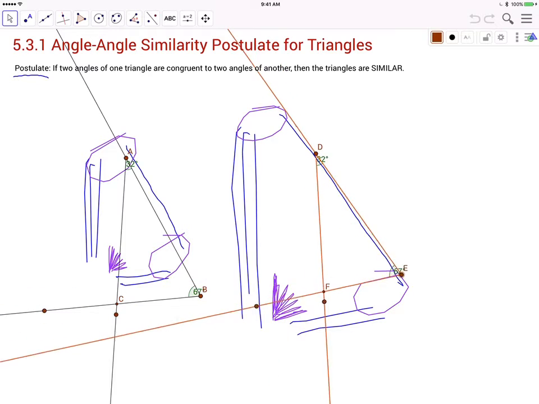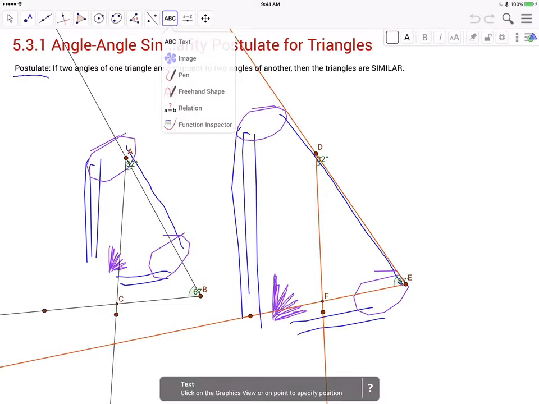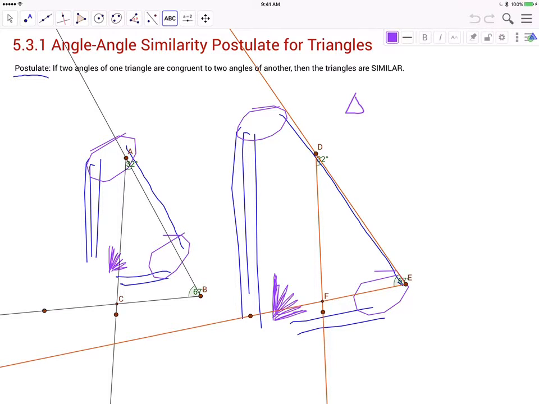And let's just say explicitly that what's here on the page, and really important I think to have this skill, we have triangle ABC, and you can almost think about it with me as well, is similar to triangle. Now what matches with A? D matches with A. What matches with B?